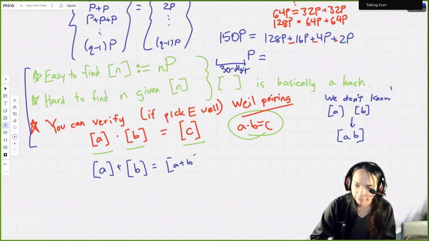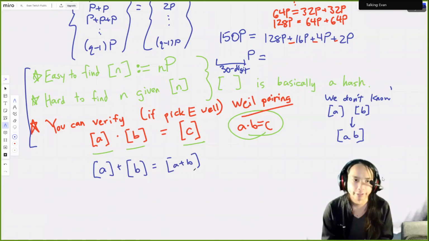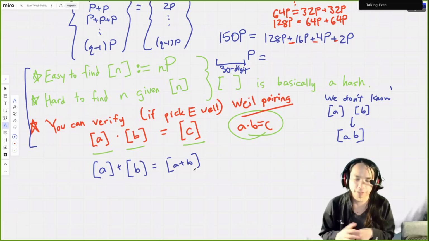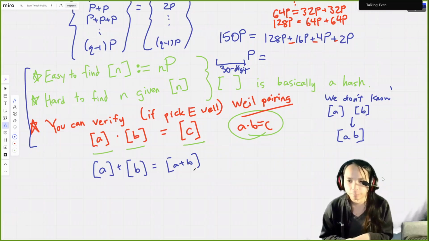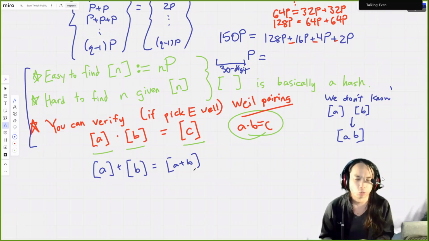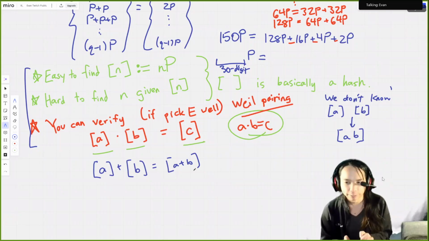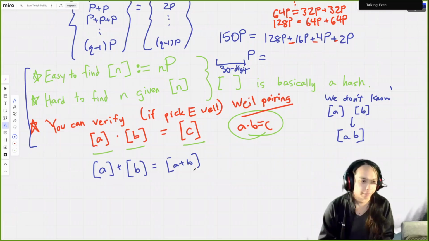If I give you bracket A and bracket B, you can compute bracket A plus B by just adding the two points together, because these are points on a curve. You have a way to verify multiplication even if you can't see the numbers inside or compute the multiplication yourself. Addition is fine. You can add two bracketed points and get bracket A plus B without knowing the underlying A and B.